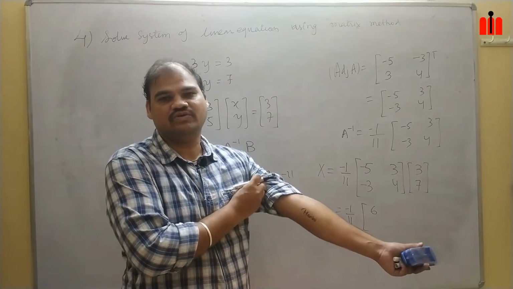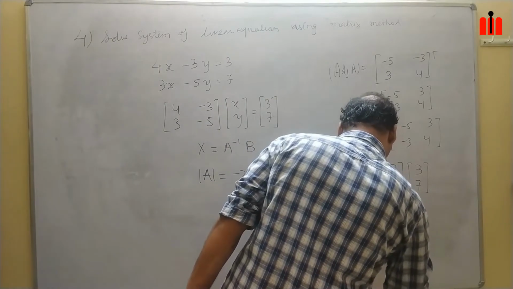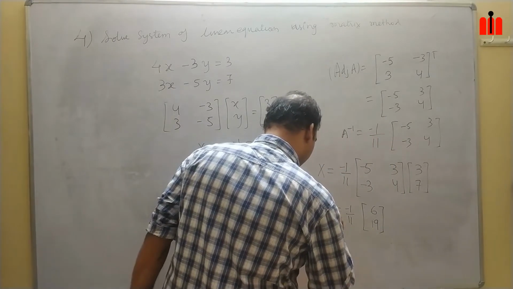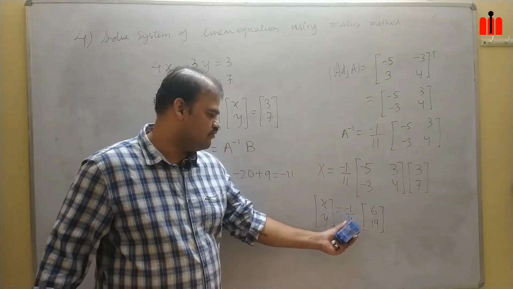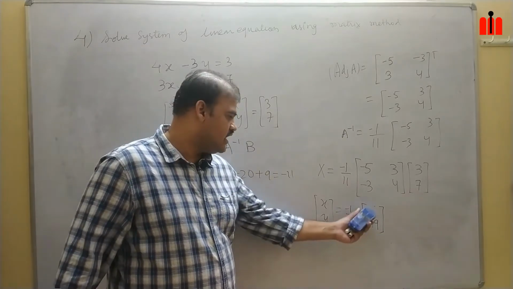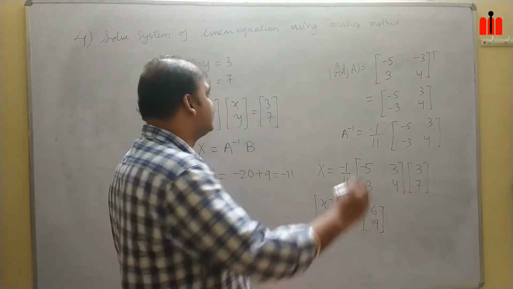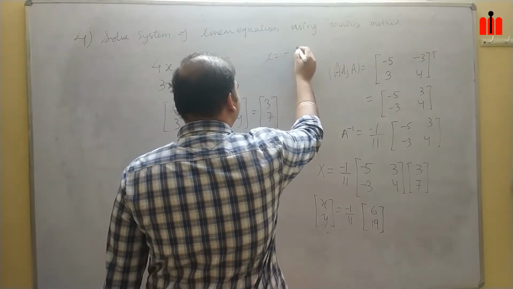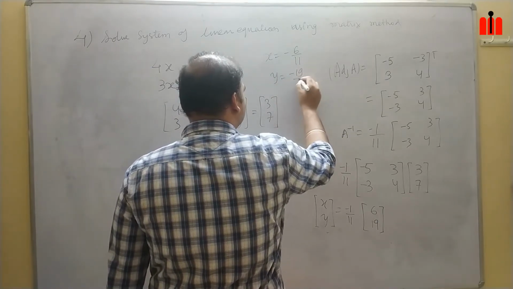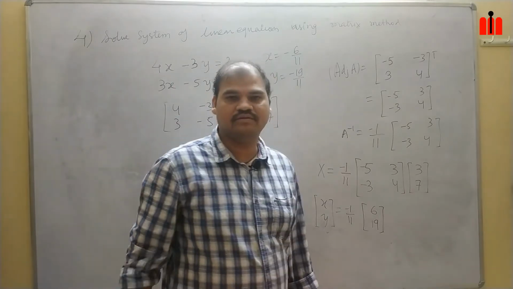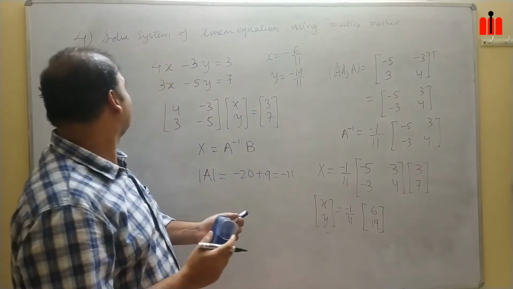So 9 plus 28 is 37. So minus 1 by 11 will be multiplied inside. It will become minus 6 by 11 and minus 19 by 11. So x equals minus 6 by 11 and y equals minus 19 by 11. Okay, this completes problem number 4.